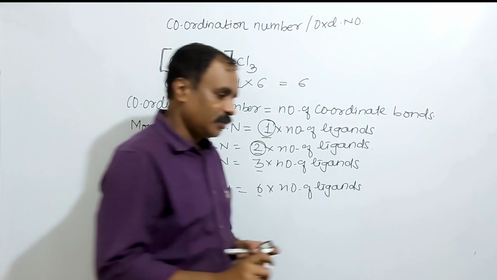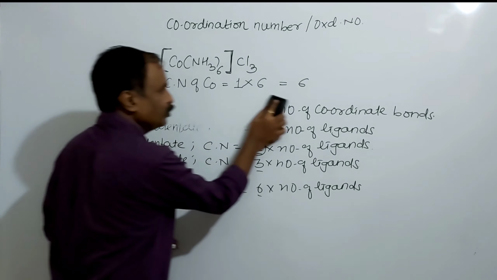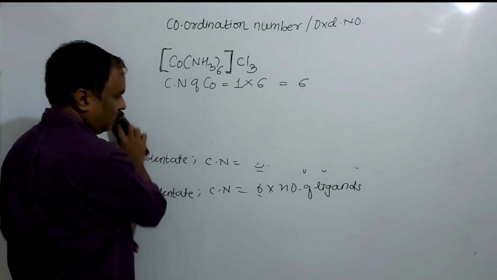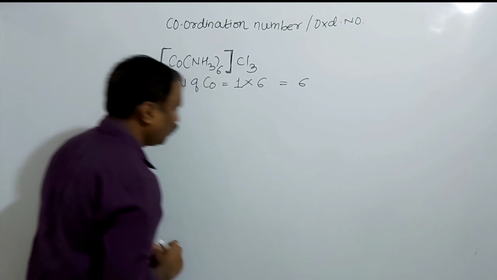Coordination number 6. If you want to draw the structure of this complex, how to draw it? 6 coordinate bonds.